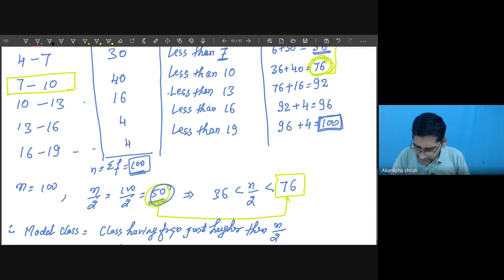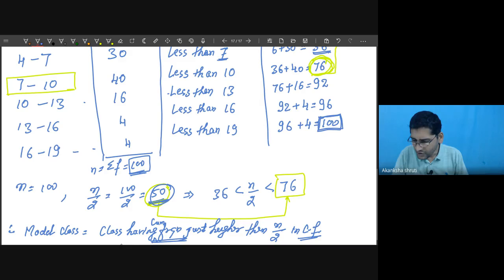So which one is this? After this 50, the higher frequency, in which column are we allocating n by 2? In the cumulative frequency column. A better word to write is cumulative frequency just higher than.